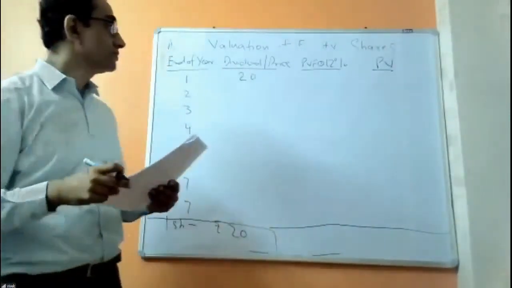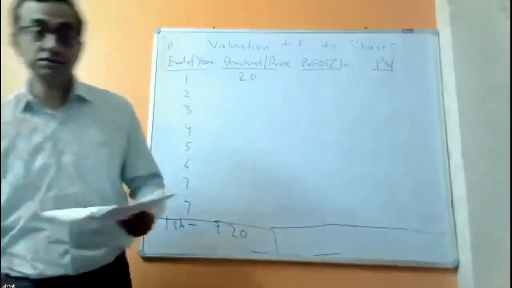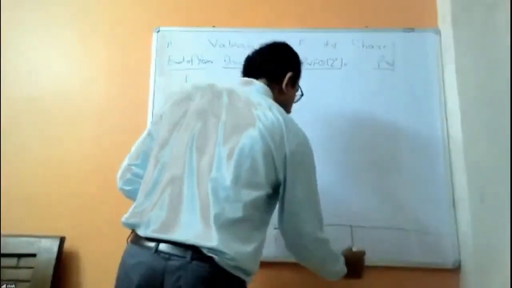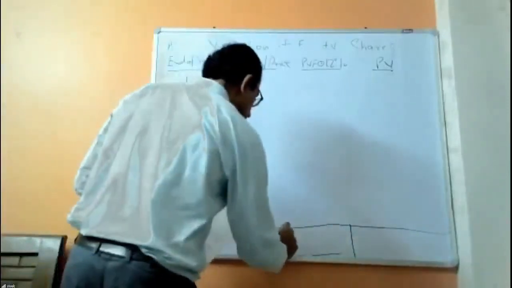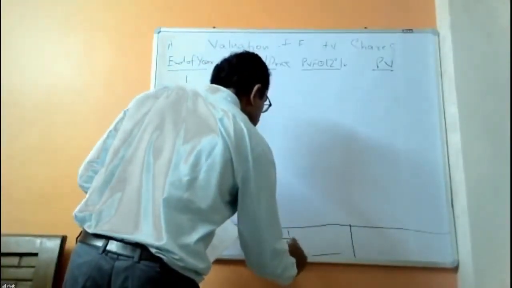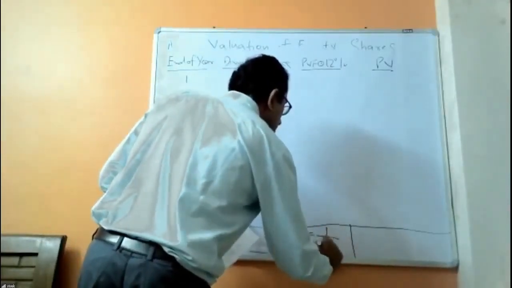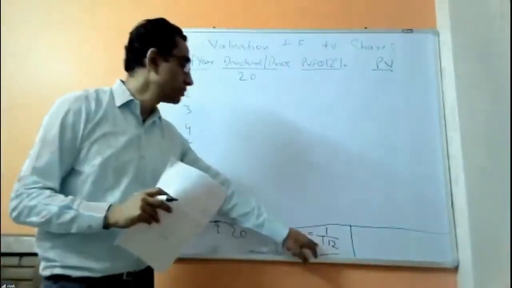And what is the present value factor at the rate of 12%? The present value factor is not given in the question, so you have to calculate it. It can be easily calculated with the help of the calculator. It will be 1 upon 1 plus 0.12, or 1 upon 1.12.